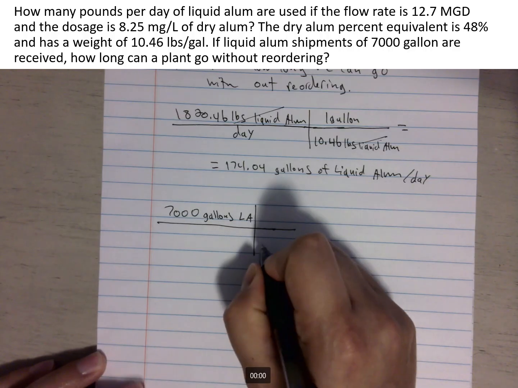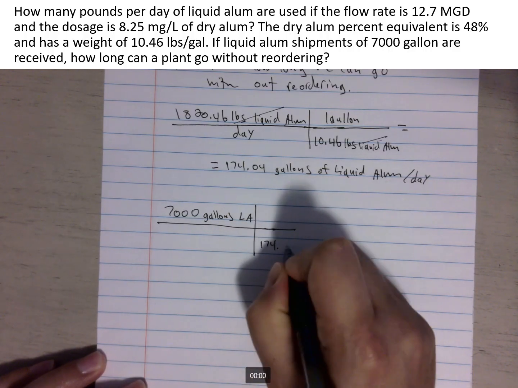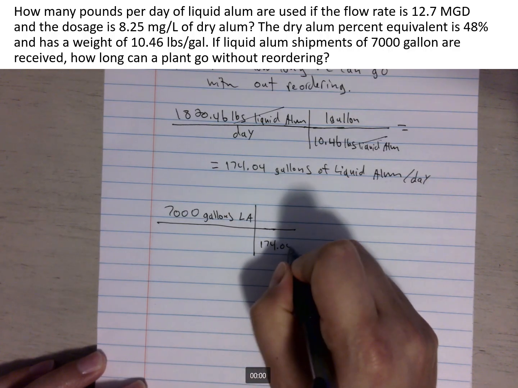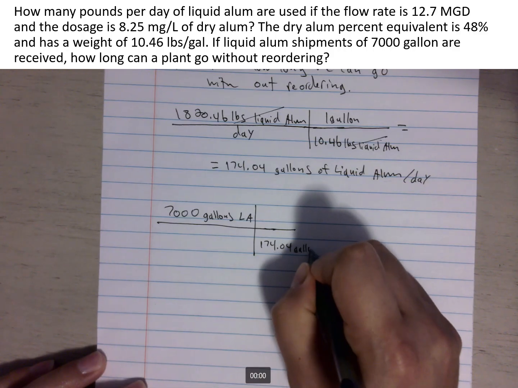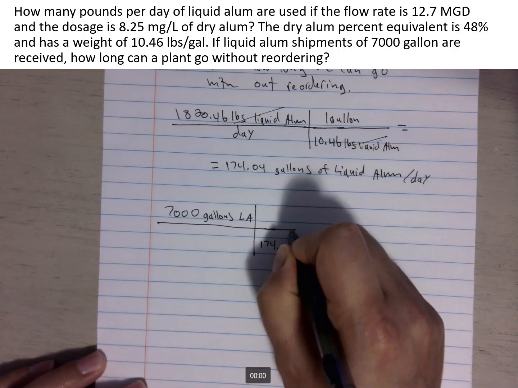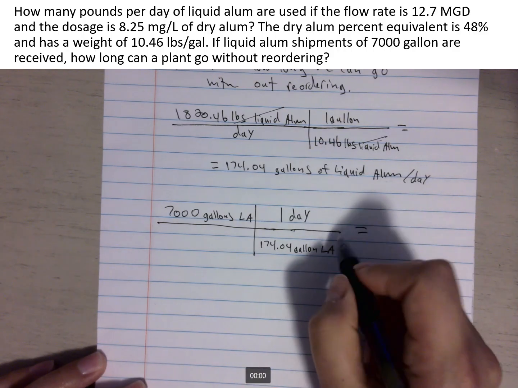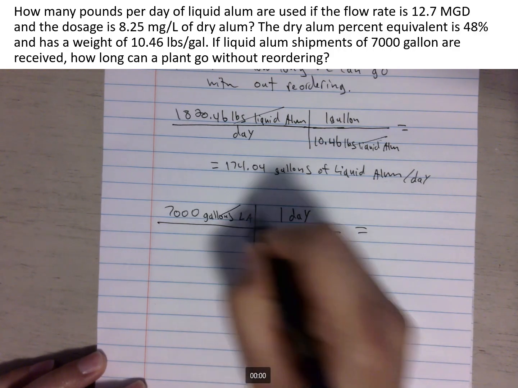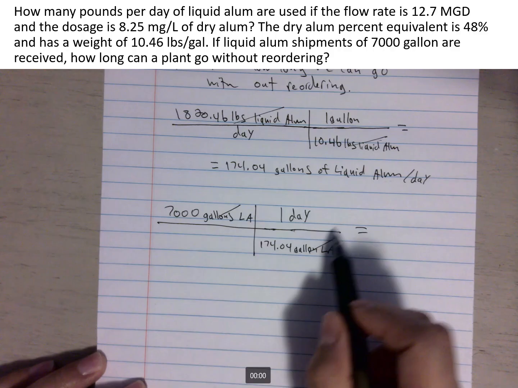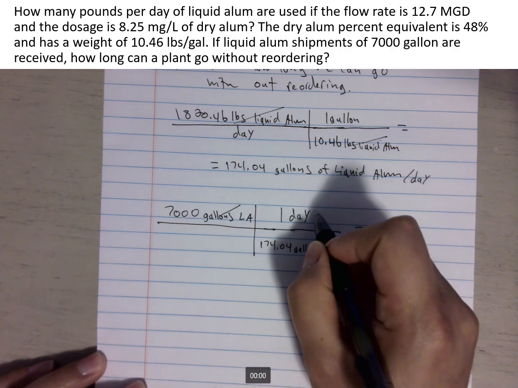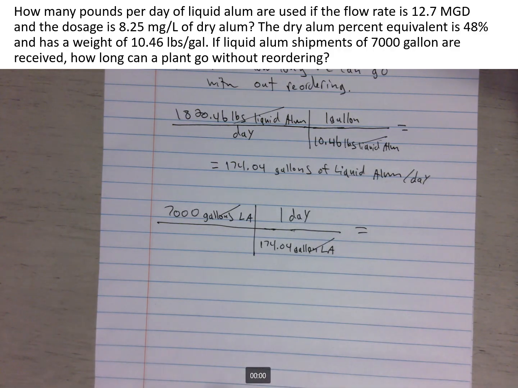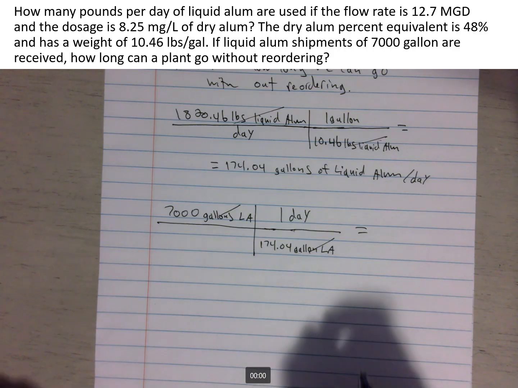So we'll use that as a conversion factor, 174.04 gallons of liquid alum in 1 day of operation. Units of gallons of liquid alum cancel out, and we get our units in days, right? That's how long we can go before the shipment runs out, right?